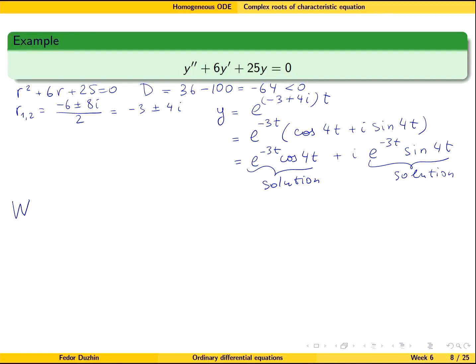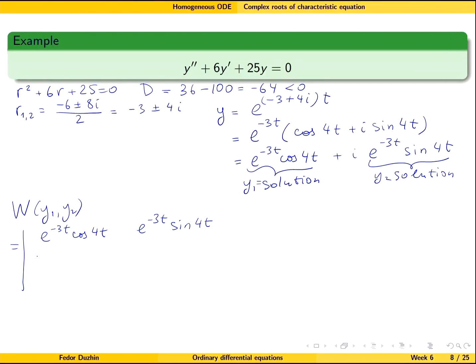Let me find the Wronskian of these two solutions. If this is y1 and this is y2, then the Wronskian of y1 and y2 is the following determinant. The first row is e to the minus 3t cosine 4t and e to the minus 3t sine 4t. The second row is the derivatives of these two functions.